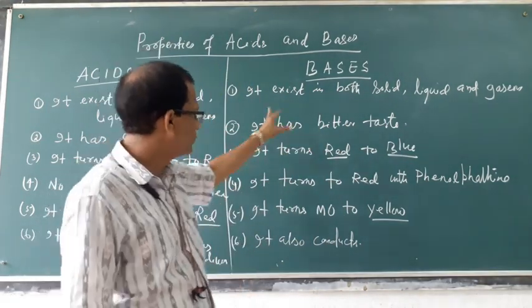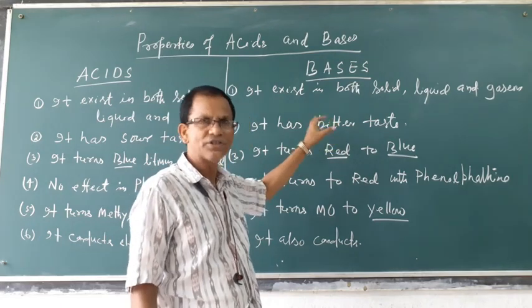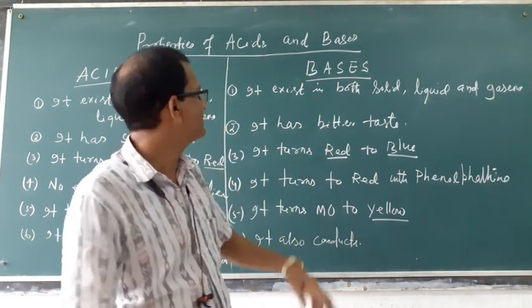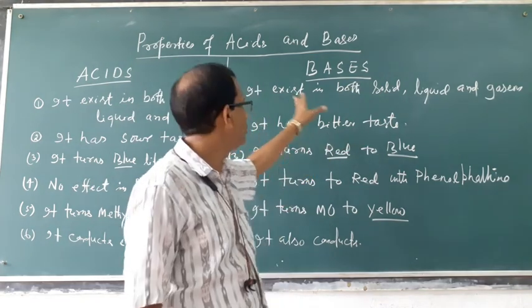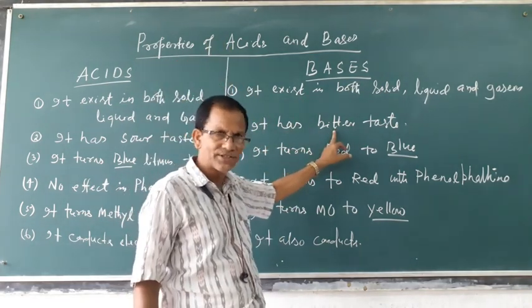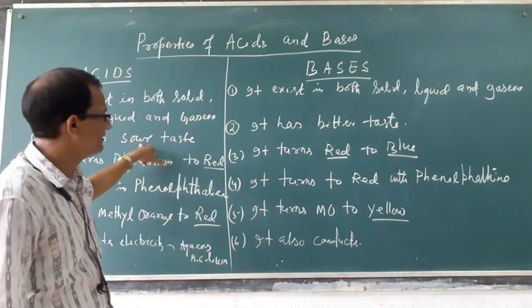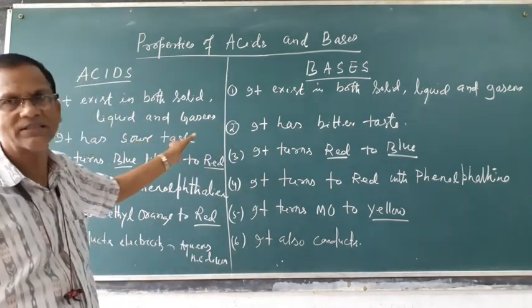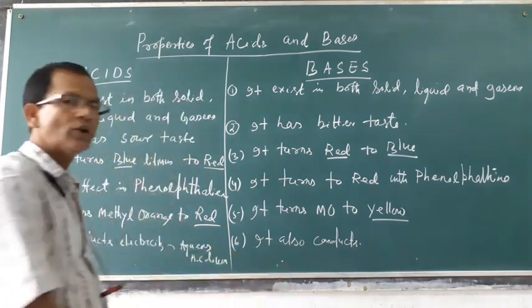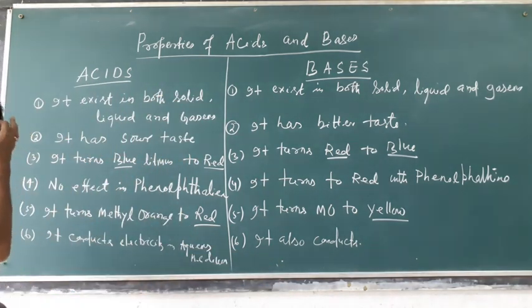That means your soap and detergent contain base. So base has a bitter taste and acid has a sour taste. This is the important difference between acid and base.